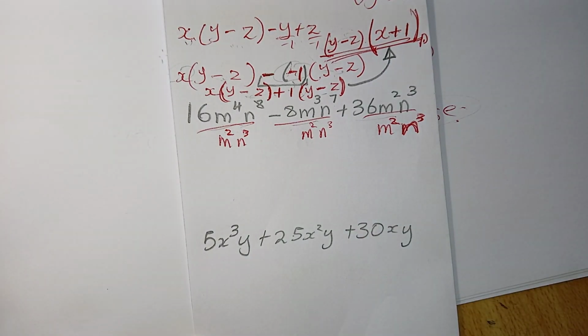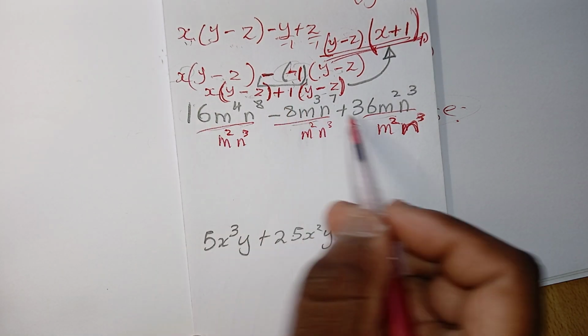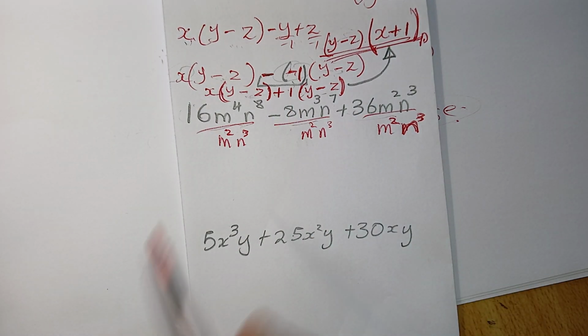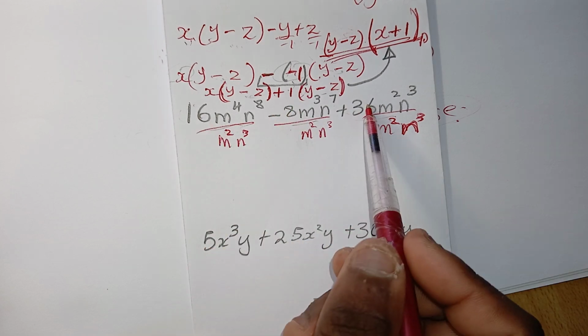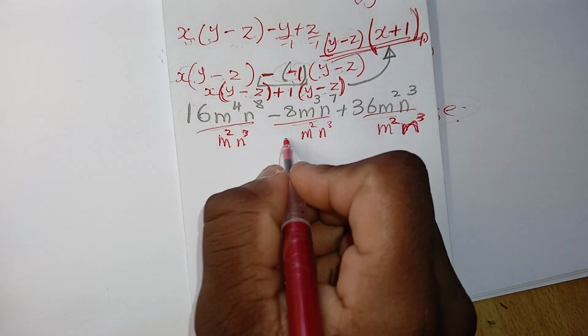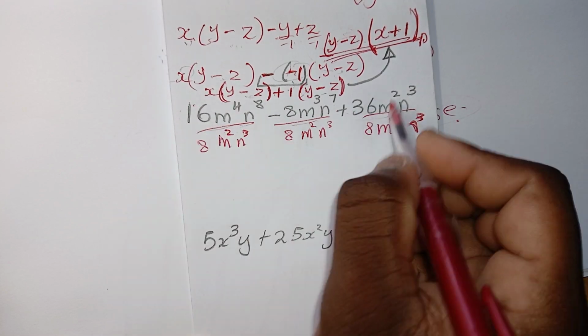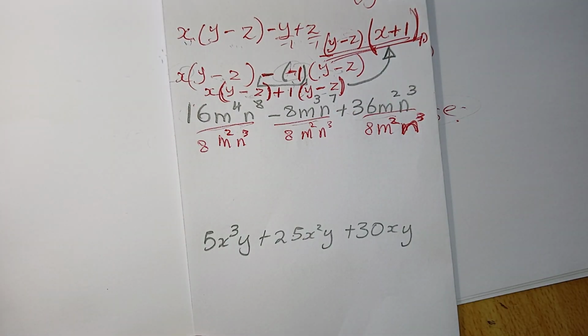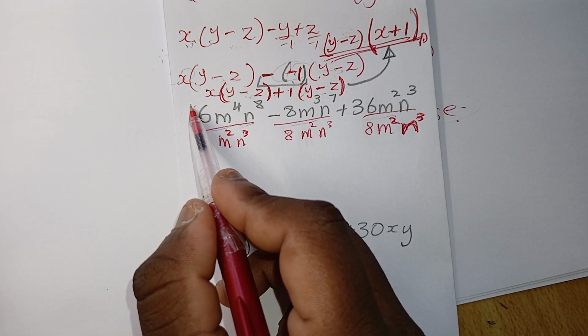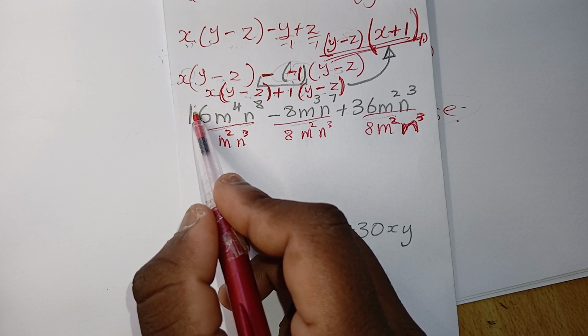Yeah. But for the numbers, guys, you take a bigger number that you can divide from here and there and there. A bigger number that you can divide here and here and here. So a bigger number, guys, is 8. 8 is the bigger number that you can divide there and there. Do you see my study? If, guys, you take 16, 16 will give you a fraction.